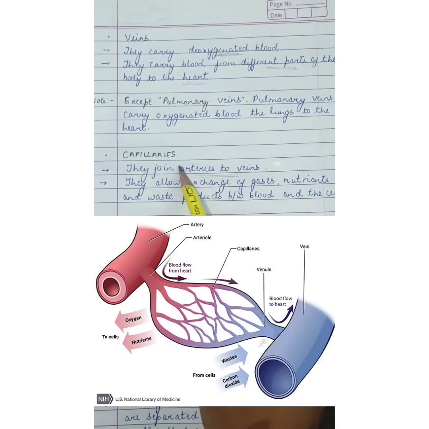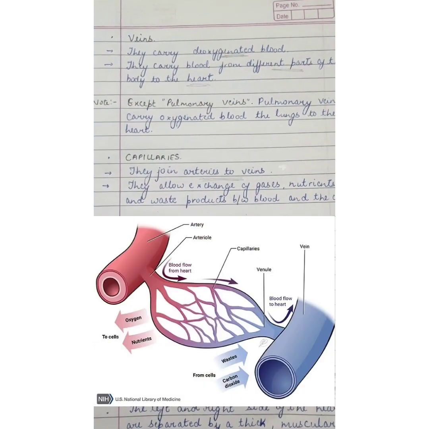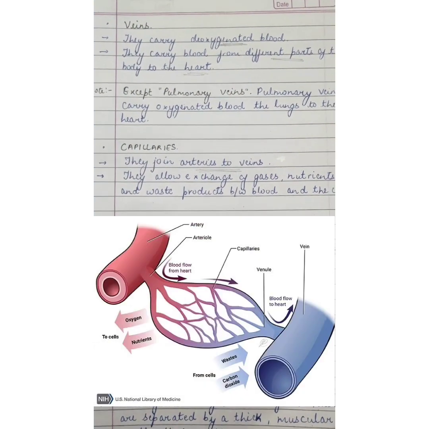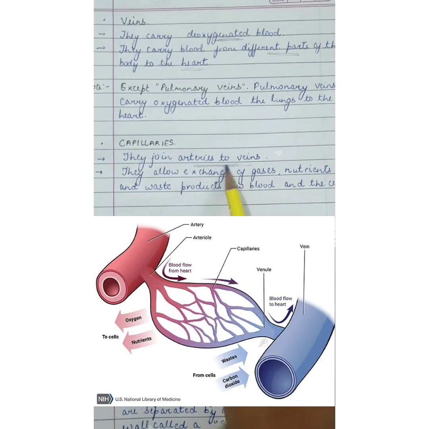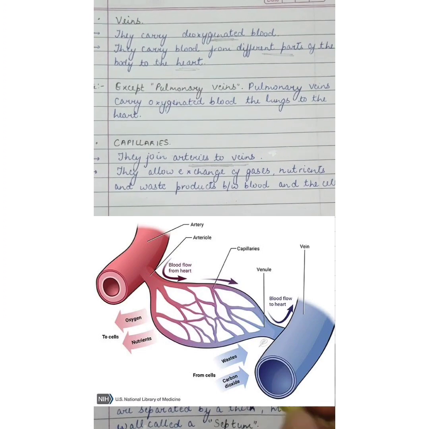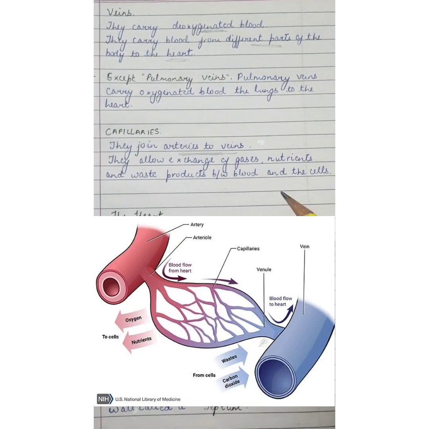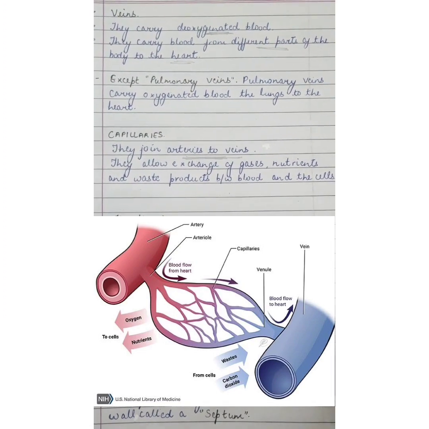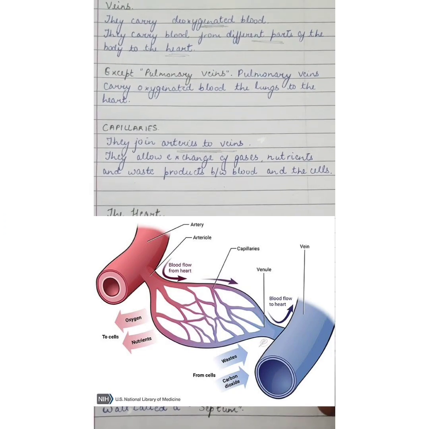Now capillaries are very thin blood vessels that join arteries to veins. And it is the capillaries which allow exchange of gases, nutrients and waste products between the blood and the cells.